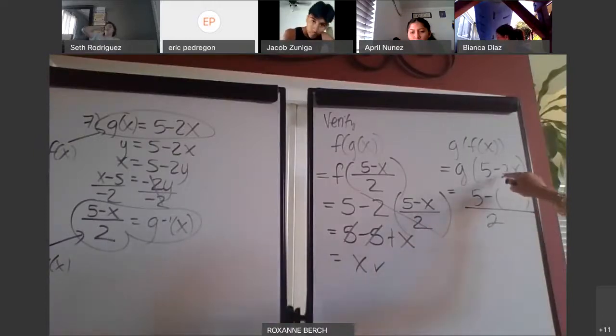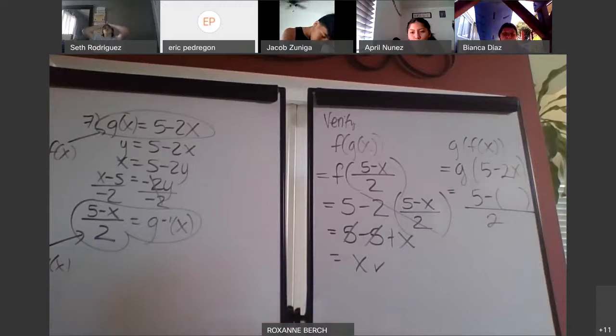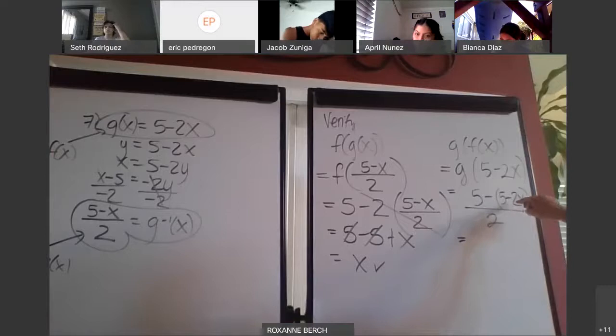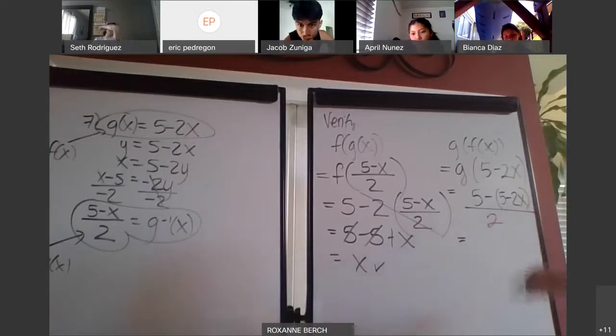This isn't 5x minus 2x. I don't know who's talking to me right now because I can't see, but 5 minus 2 isn't 3. These are unlike terms. This is a constant and that's a variable.